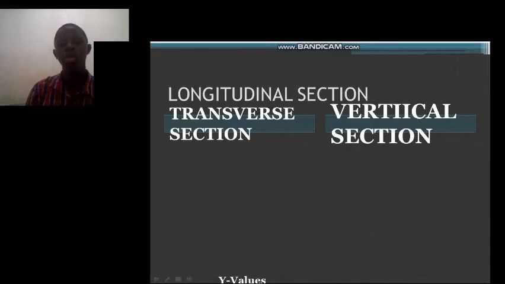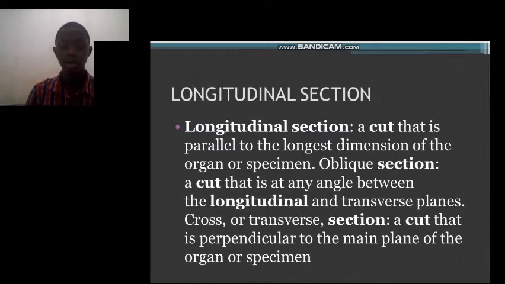Longitudinal section, a chord that is parallel to the longest dimension of the organ or specimen. Oblique section, a chord that is at an angle between the longitudinal and transverse planes.